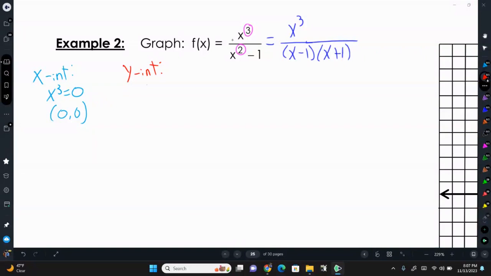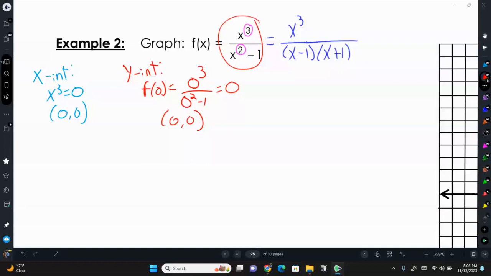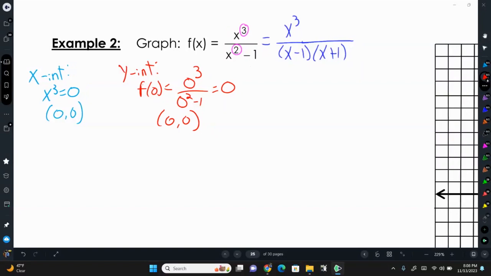So we have f of 0 equals 0 to the third over 0 squared minus 1, which is 0. So 0, 0. I substituted into this first equation here, and because we have equivalent expressions for the same function, we can use either one at any time.